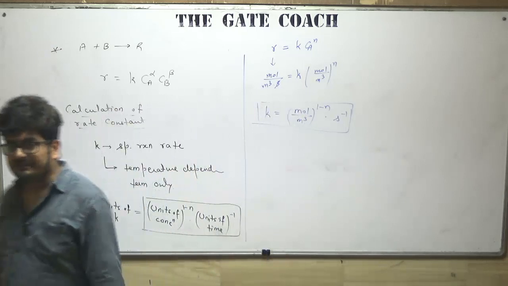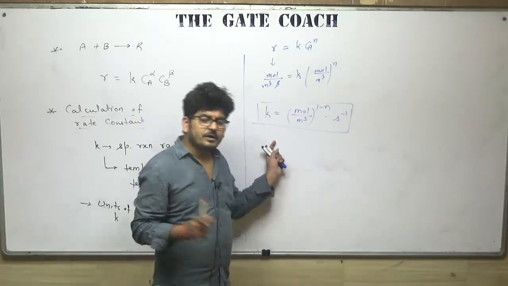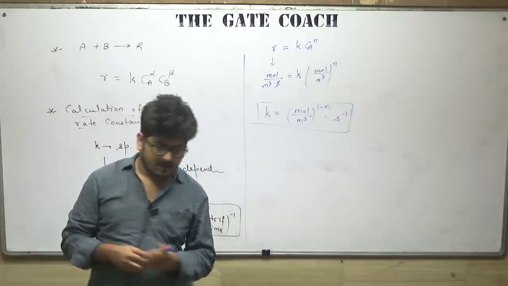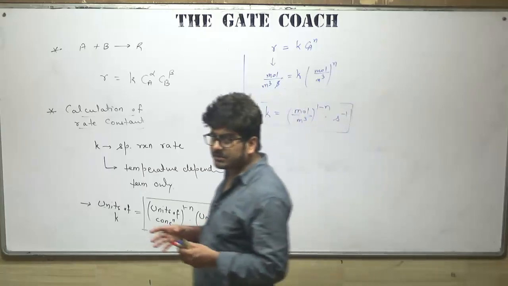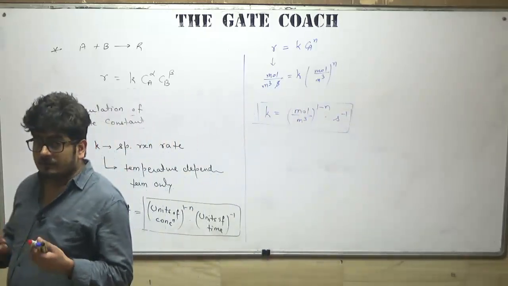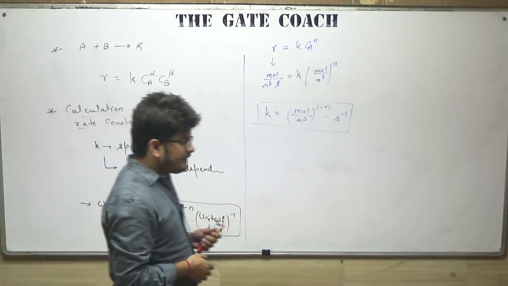Similarly, if we know the value of rate constant K for any chemical reaction, then we can find out the overall order of the reaction. Okay.